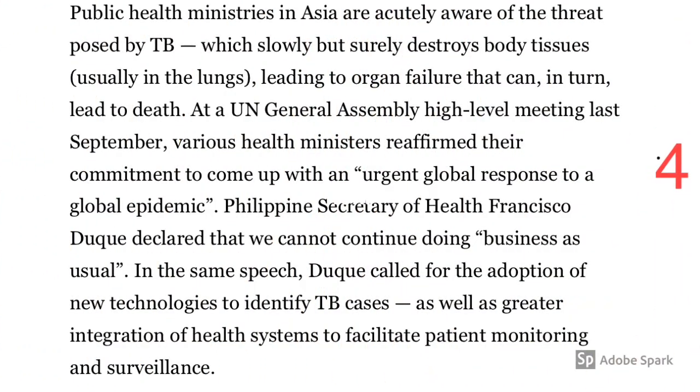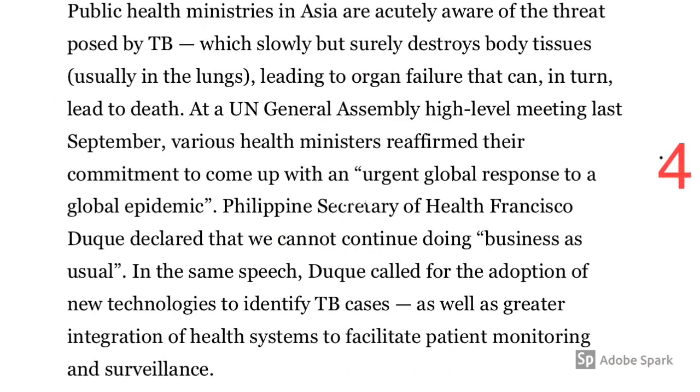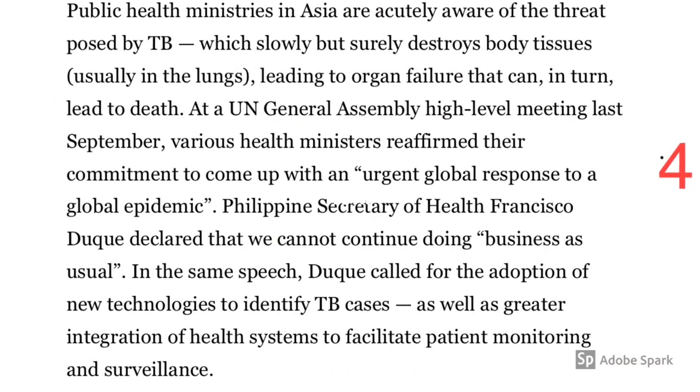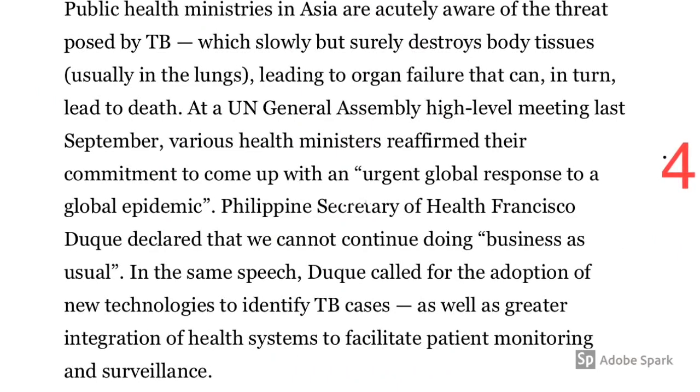Paragraph 4, that begins, "Public health ministries in Asia are acutely aware of the threat posed by TB," is discussing the effects of the spread of tuberculosis. So how are different institutions and countries responding to the spread of tuberculosis?